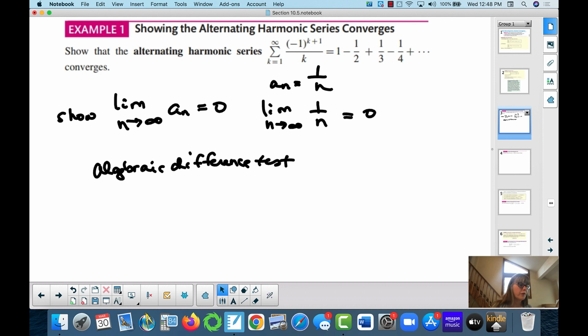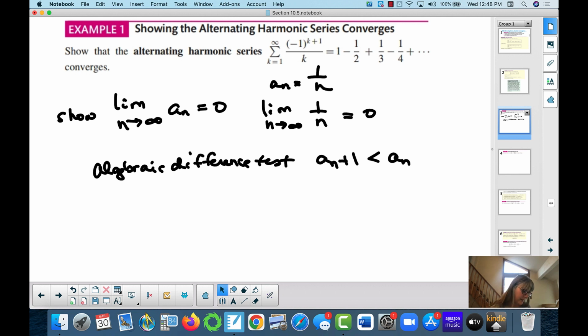Or in other words, that term a sub n plus 1 is less than a sub n. That the next term is smaller than the term before it, is what the algebraic difference test says.